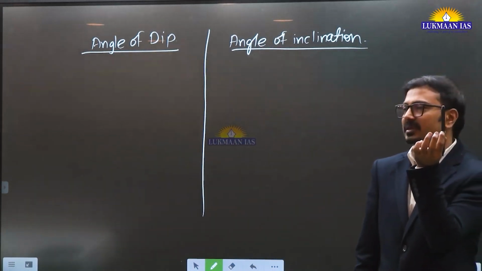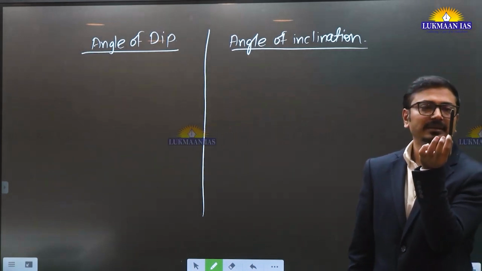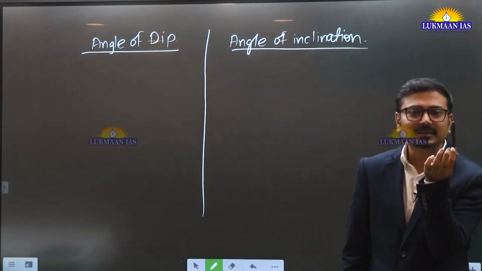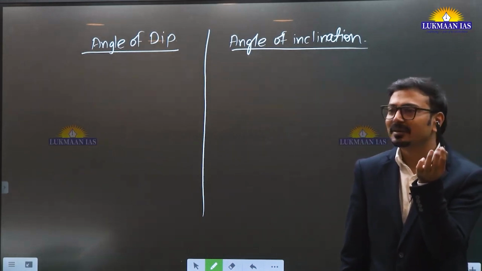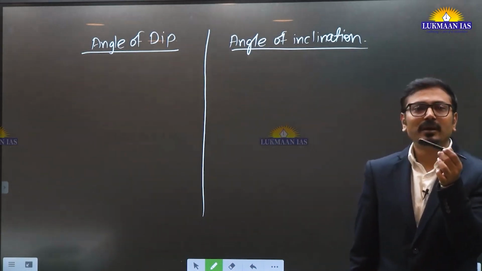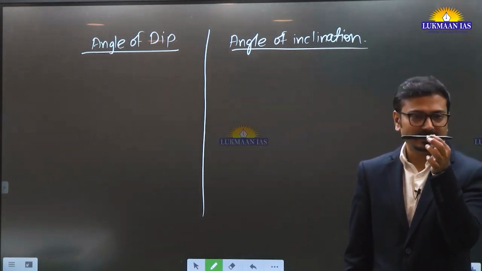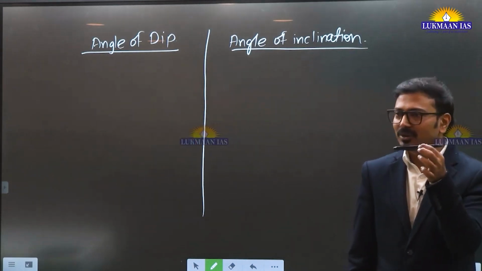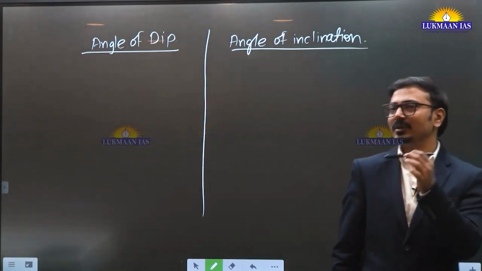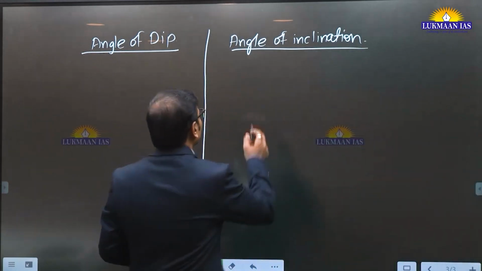At pole, this needle is exactly perpendicular. But this will not be the case in a compass, right? In a compass, it will not move vertical like this. To actually correct this error because of changes happening from equator to poles, we have angle of inclination.